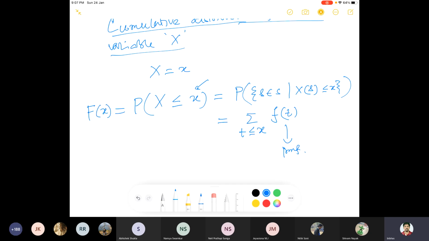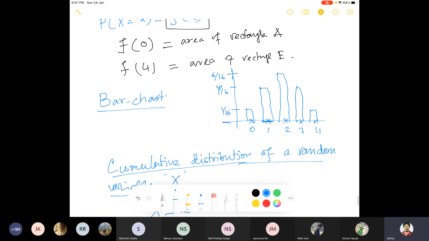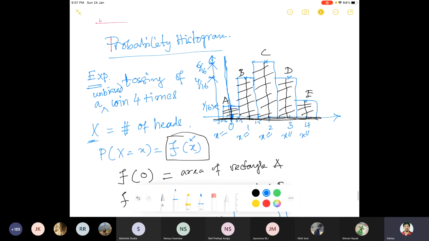Sometimes we'll be interested to know what kind of function this is. This function has a meaning. If you see the histogram, all these peaks are like the f of x. But if you say capital X is less than or equal to small x, then if you pick any x, the question is, what is the area to the left of that peak?